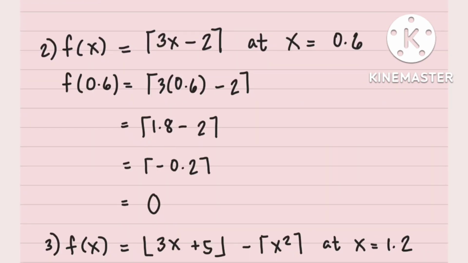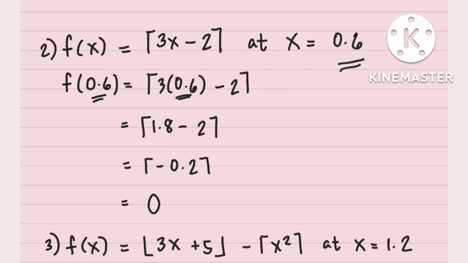Next, what about the ceiling value of the quantity 3x minus 2 at x is equal to 0.6? So we will plug in 0.6 to the function.